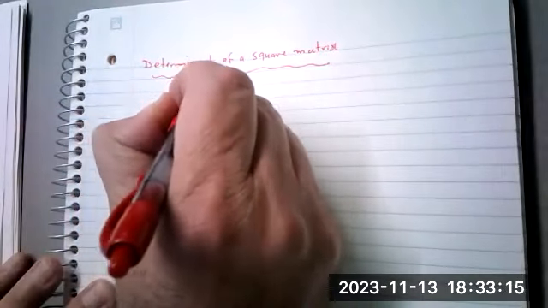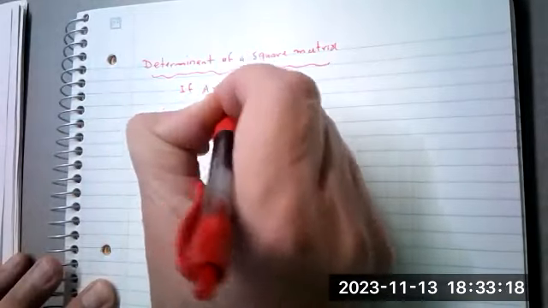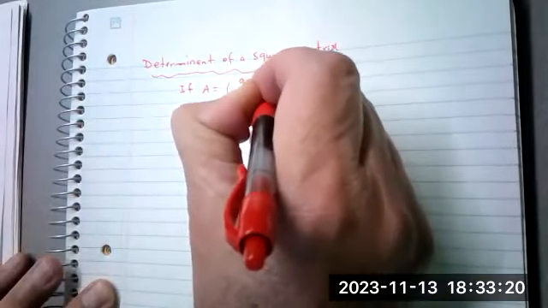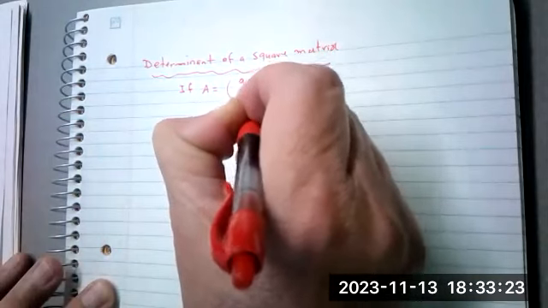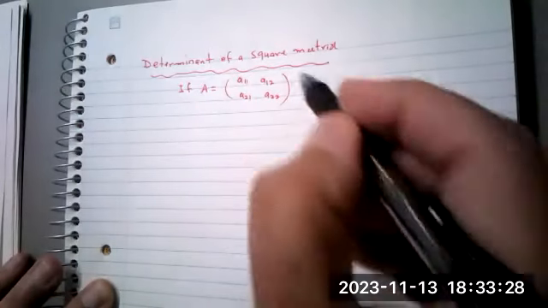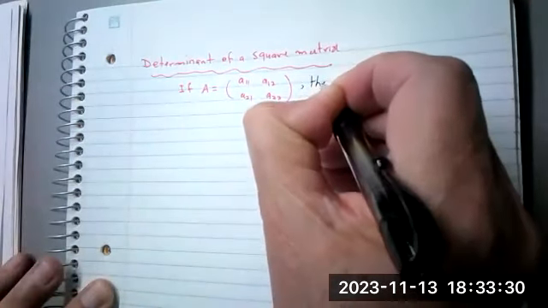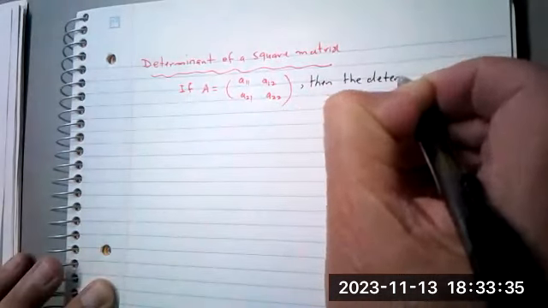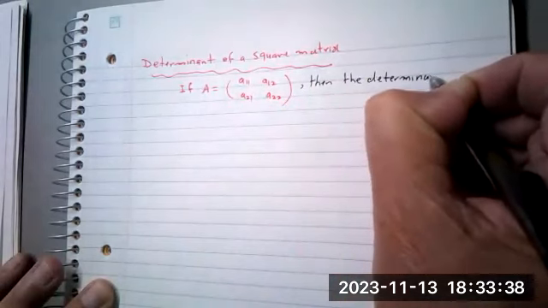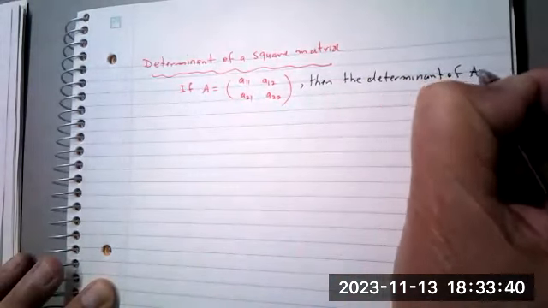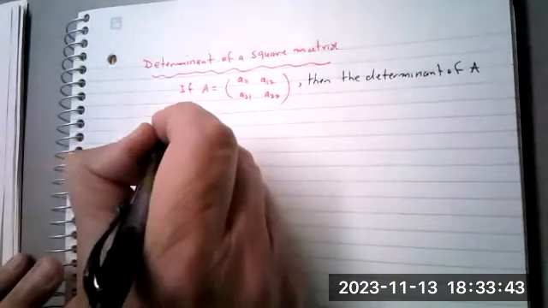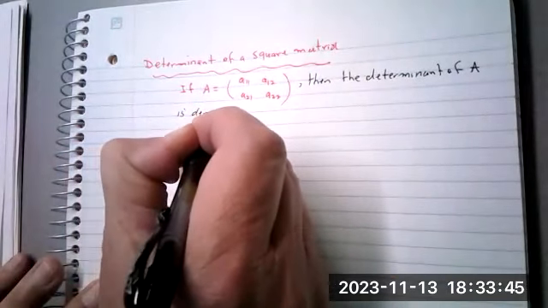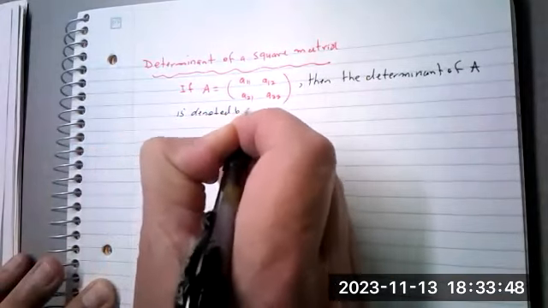If A is equal to the 2 by 2 matrix A11, A12, A21, A22, then the determinant of A is denoted by... There are two different notations.